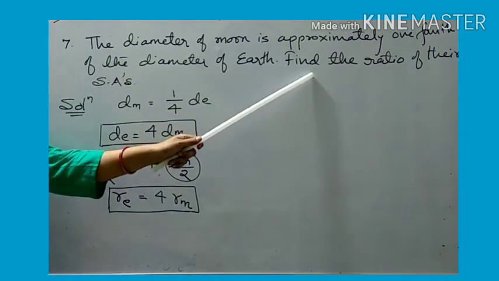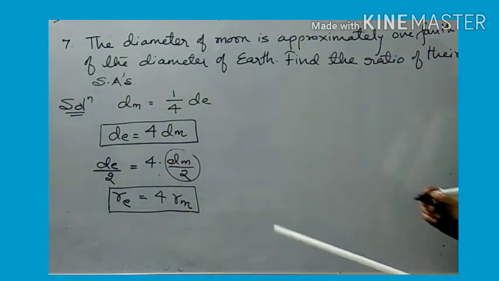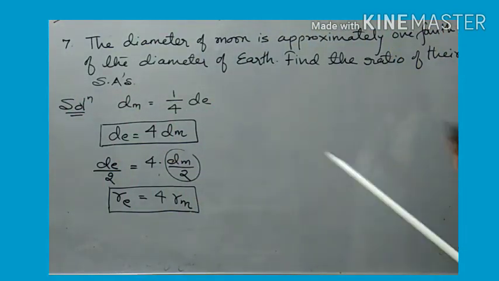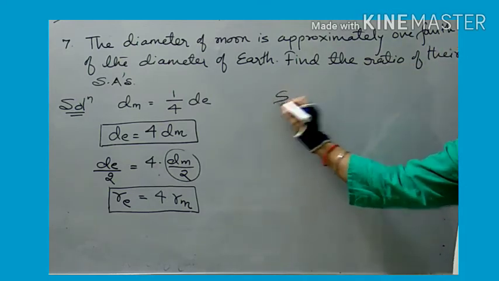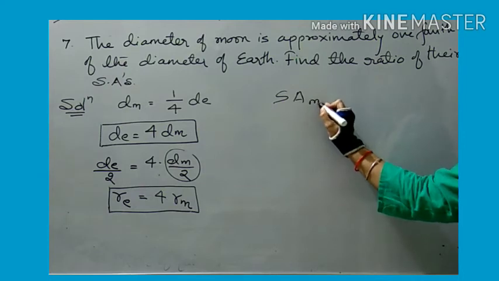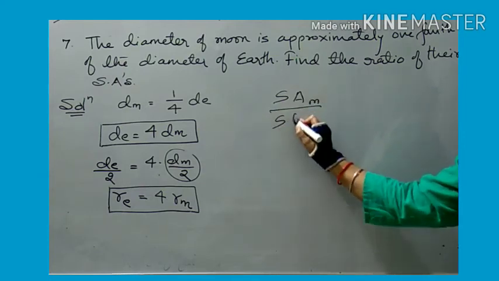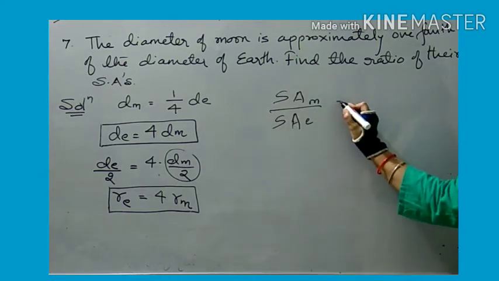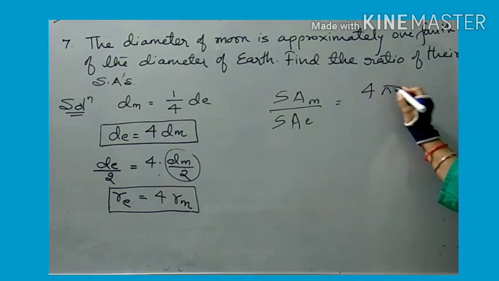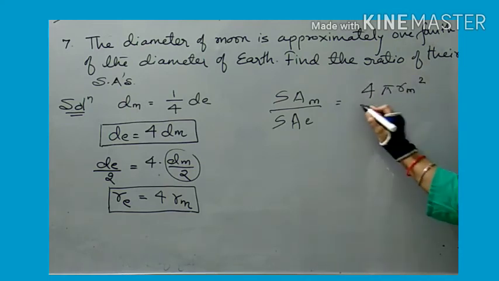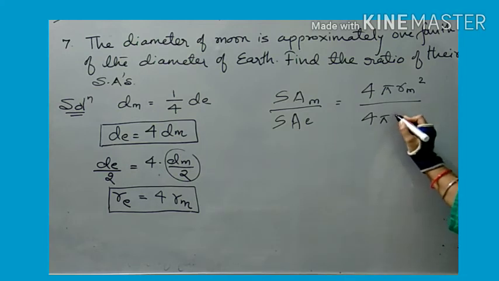Now what we have to find? We have to find the ratios of their surface areas. So surface area of moon upon surface area of earth. It will be 4 pi rm square upon 4 pi re square.